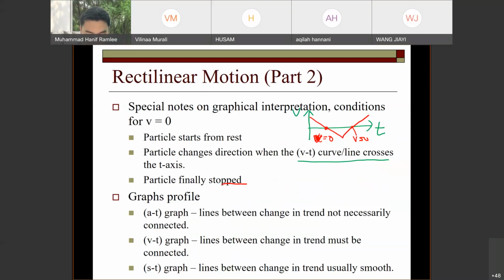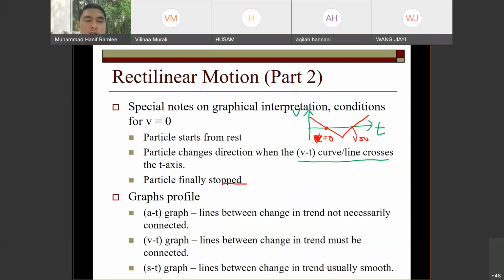Number 2 is graph profile. Because of the interpretation method, you have to know about this. You cannot simply draw the graph without the fundamental knowledge. If you do the conventional way, like the previous lecture, you will know the equation directly.